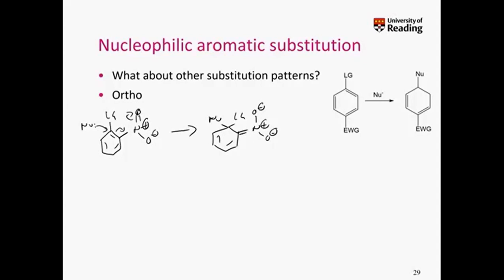We can move the electrons out of the ring onto the nitro group, and then we can reform the ring afterwards. Okay, so with the ortho position, we can do the same thing.